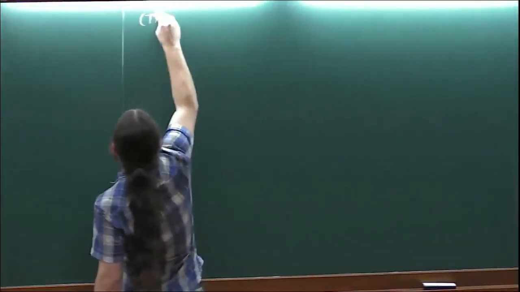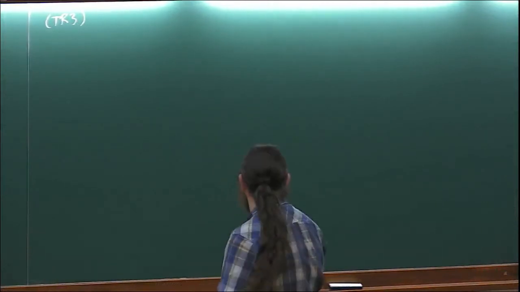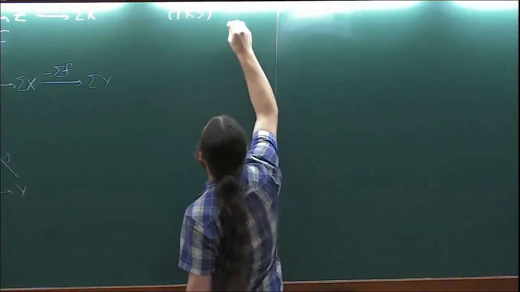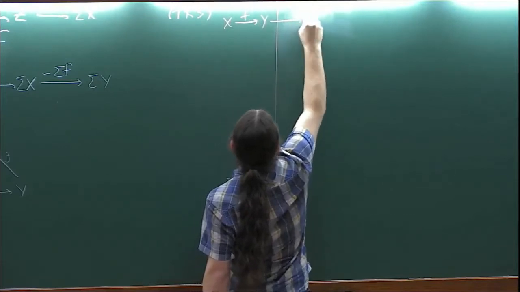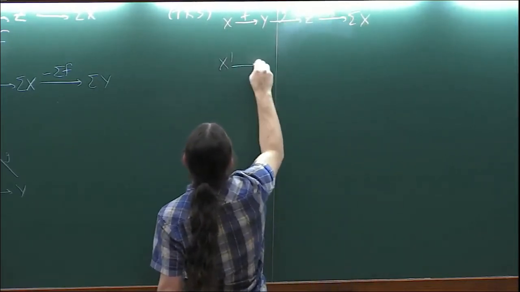Okay, this third axiom says that if you have morphisms of triangles, or rather, if you have something that is almost a morphism of triangles, you can always complete it into a morphism of triangles. So let's see. Say I have two triangles like this.